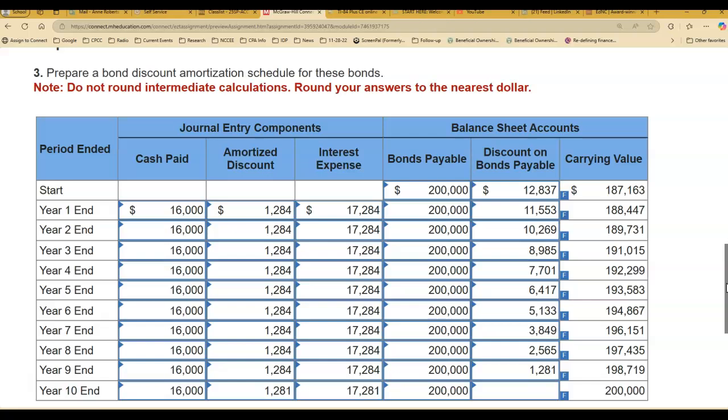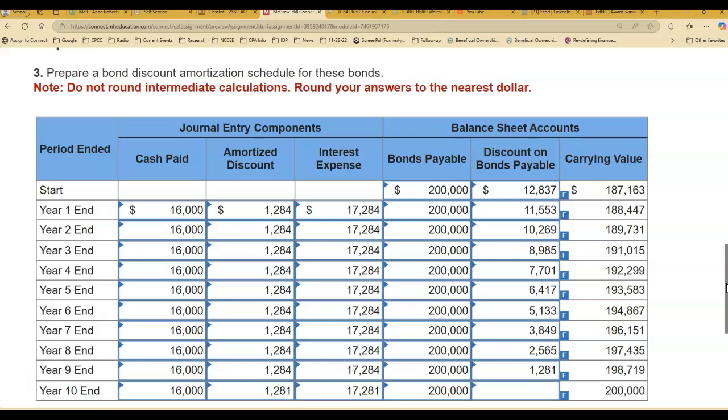Because this one happens to be a discount, remember, we prepaid that interest, so now we're allocating the interest within the period in which it is incurred. So again, that goes all the way back to chapter 1. Expenses are recorded in the period in which they are incurred. That increases the interest expense up to the $17,284, and again, adjust that last column.